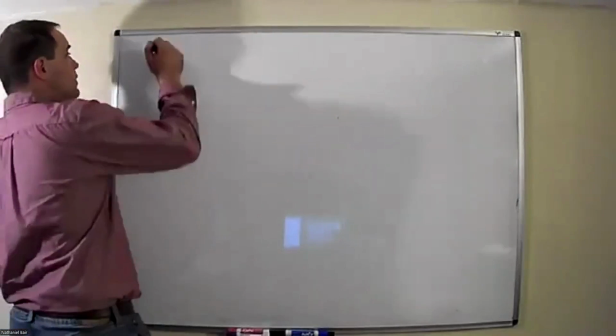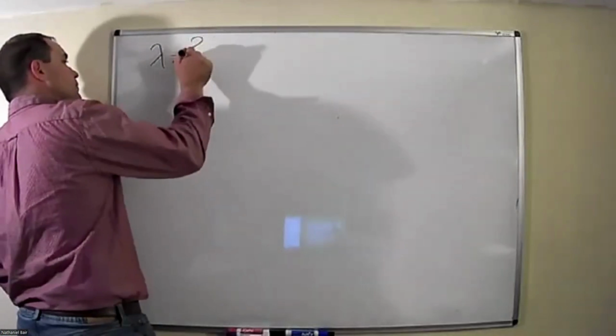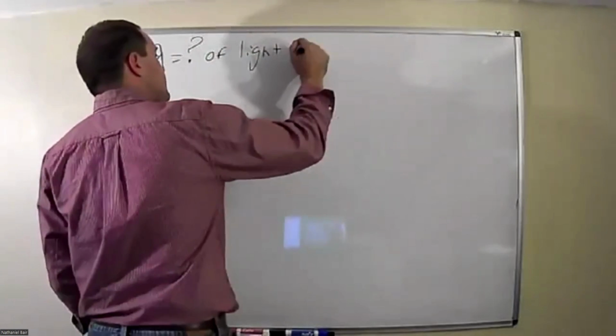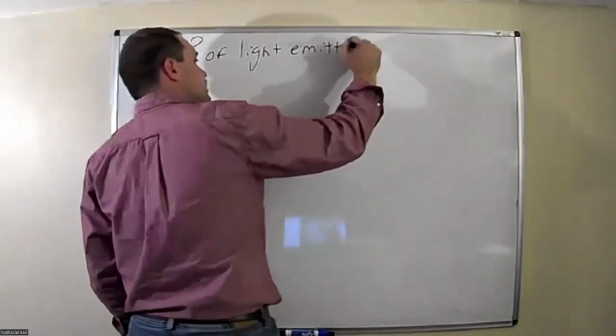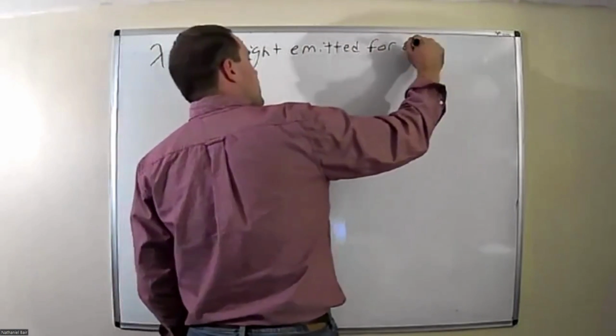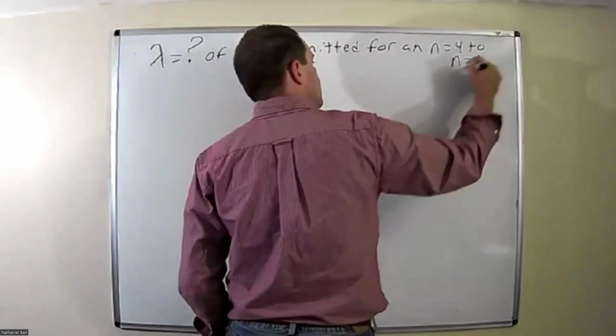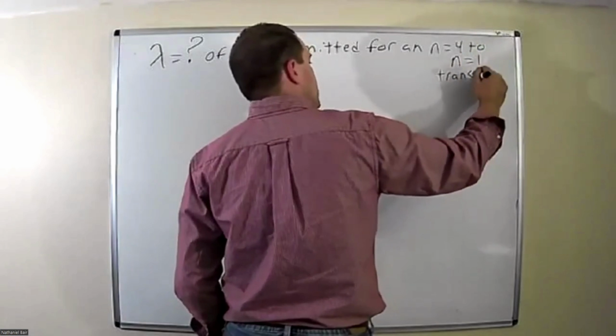All right, so we want to get the wavelength of light emitted for an n equals 4 to n equals 1 transition.